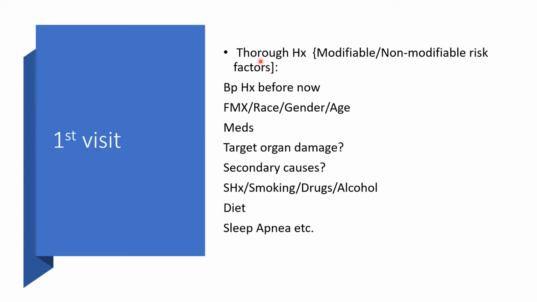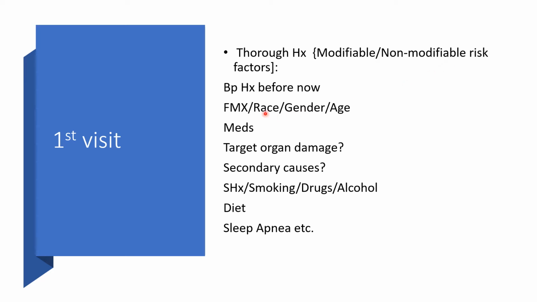Okay, after thorough history, that will go through modifiable risk factors and non-modifiable risk factors. We will ask about blood pressure history before now in this individual. And of course, family history when it comes to non-modifiable risk factors. Don't worry, we'll soon go through the entire list of risk factors in a bit.